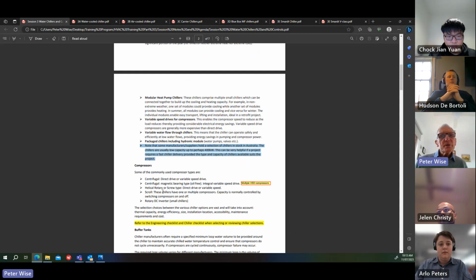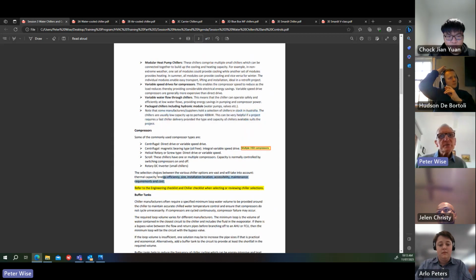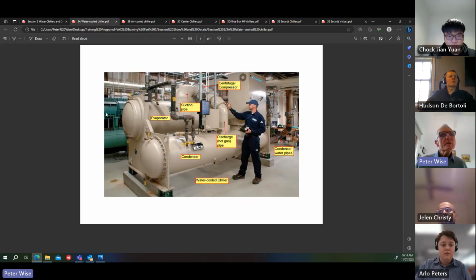The different types of compressors, we did mention this previously, but I'll just run through it again. Centrifugal, they can be direct drive or variable speed drive. So looking back at that first slide, well, it's pretty hard to see, but there's a centrifugal compressor sitting up there on top of the chiller. Magnetic bearing type, they're oil-free.